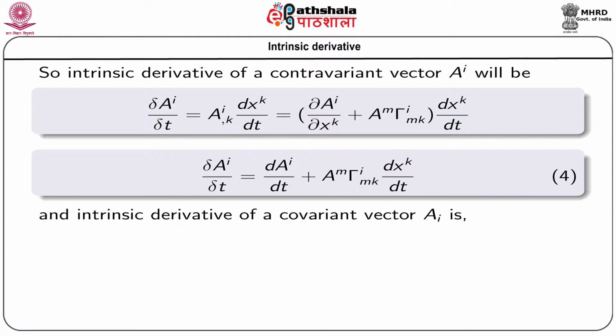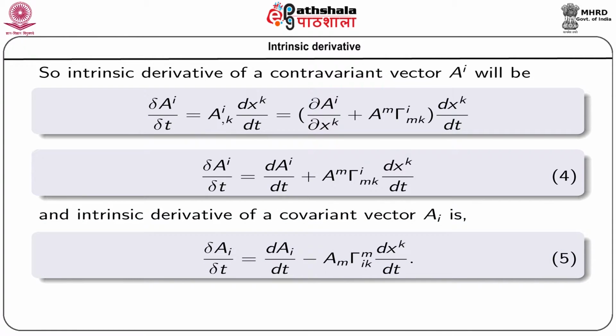Similarly, the intrinsic derivative of a covariant vector whose components are a lower i can be expressed in equation number 5, that is del ai del t equals dai/dt minus am gamma m i k dxk/dt.